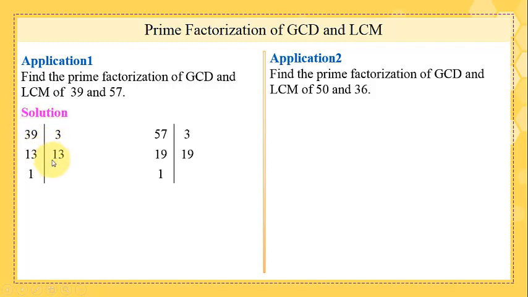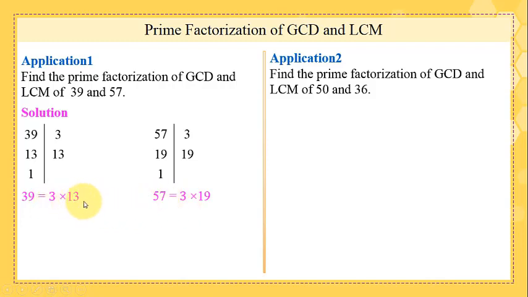First of all, you should find the prime factorization of 39, which is equal to 3 times 13. The prime factorization of 57, which is equal to 3 times 19. The greatest common divisor between 39 and 57 will be equal to the product of the common divisors with the least exponent.